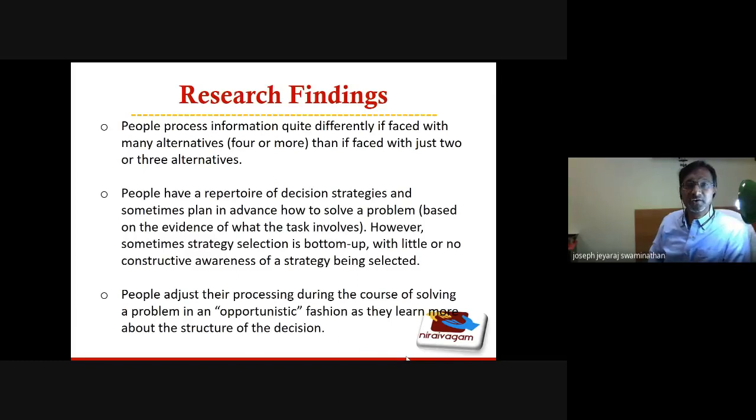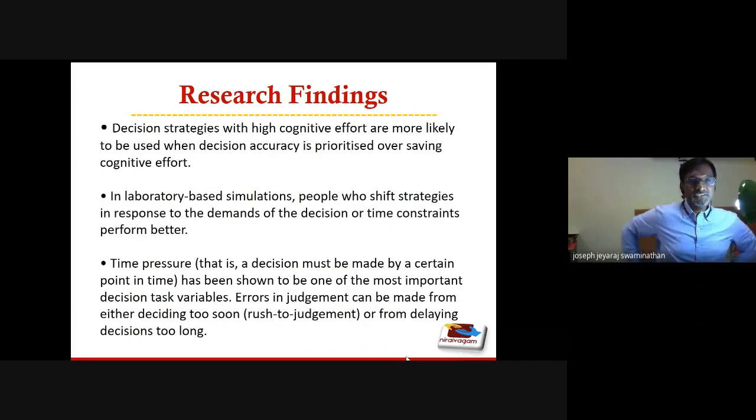The next research finding, the fourth one: decision strategies with high cognitive effort are more likely to be used when decision accuracy is prioritized over saving cognitive effort. What is that? It's slightly difficult words that you find there. Decision strategies with high cognitive effort, you need to use more of your cognition, more of your thinking skills.